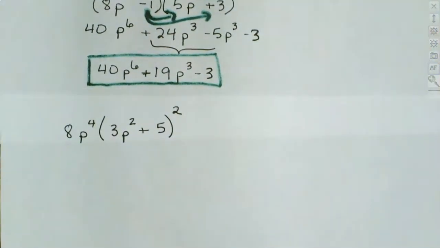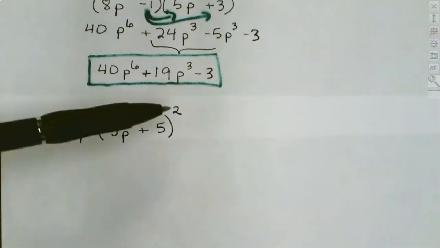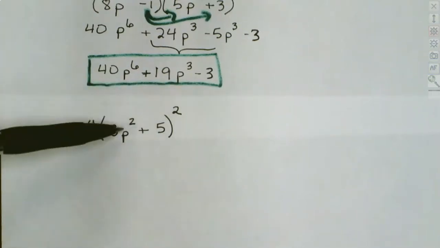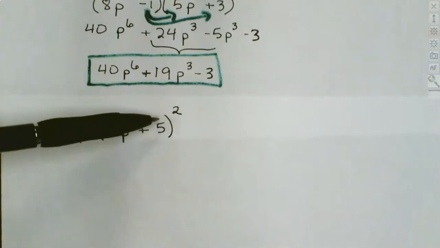This is a question that students make a mistake with all the time. Because I guarantee that someone's going to come up and say, well, I can just distribute that square through. And we cannot do that.